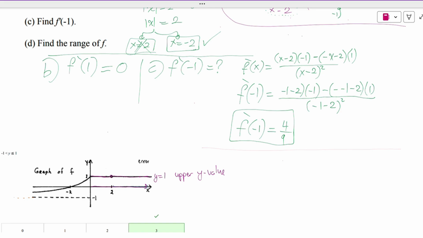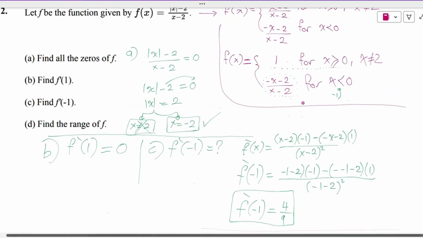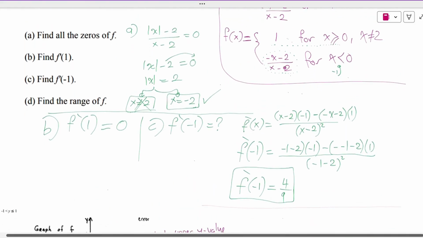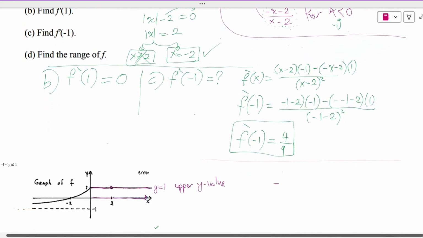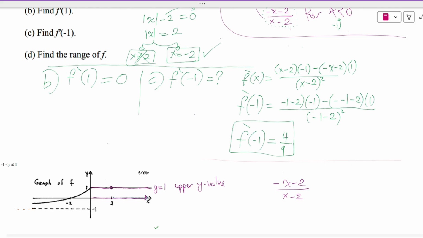Now if you look at the function for x smaller than 0, the function is not constant, right? It's minus x minus 2 over x minus 2. But what is the limit as x approaches negative infinity here?